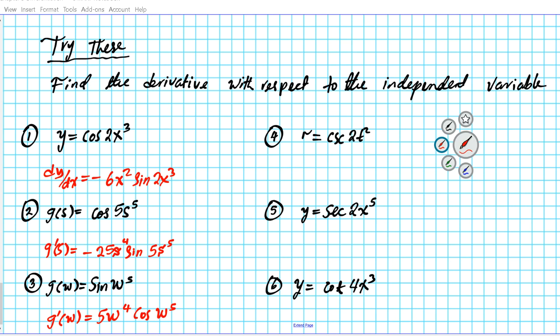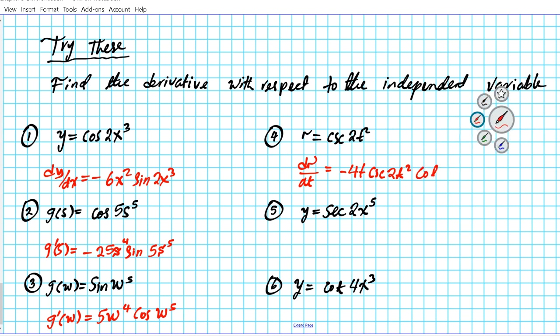Moving on, for number 4, the derivative dr dt, or r prime, doesn't really matter, is negative 4t cosecant 2t square cotangent 2t square. For number 5, the derivative, dy dx, is 10x to the fourth power secant 2x to the fifth tan 2x to the fifth.